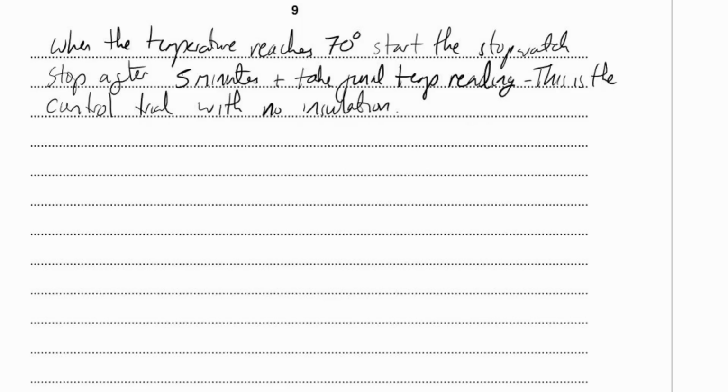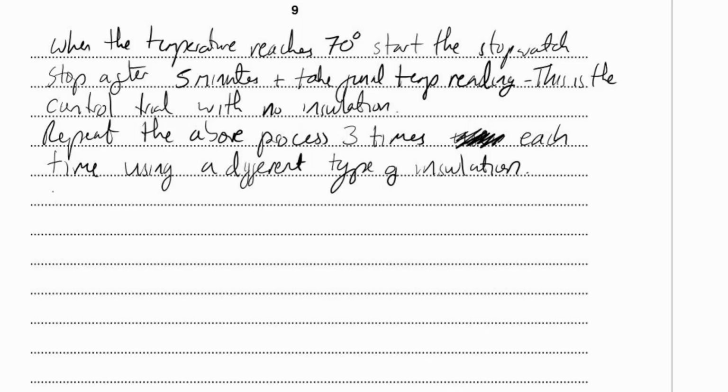Control trial with no insulation. Then I want to repeat the above process 3 times using the 3 different types of insulation. I'm going to want to record the results that I've got in the table.